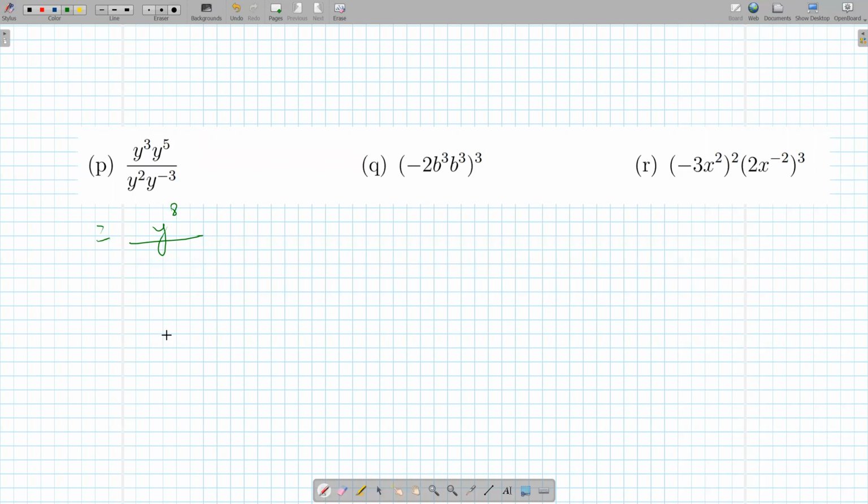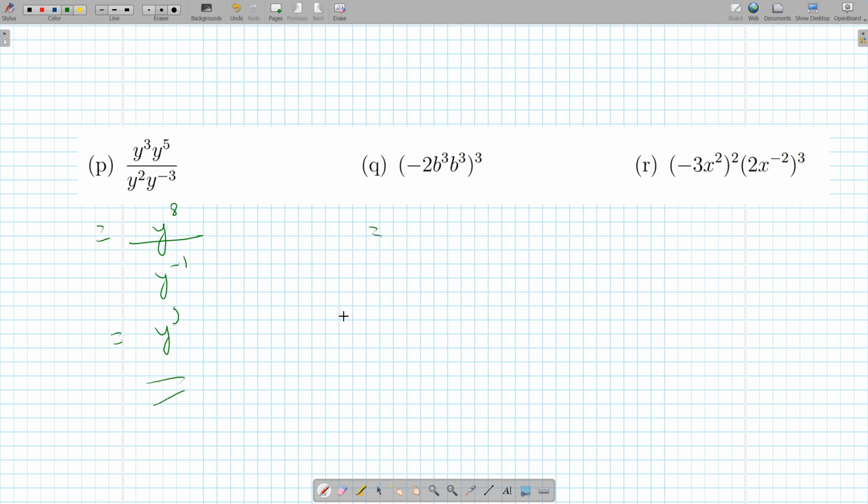Y to the power of negative 1? Yeah, that's right. So now do we bring the negative 1 up, or do we bring the 8 down? You bring the negative 1 up? Right, so do we get 7 or 9? 9? Yeah, good. Done.